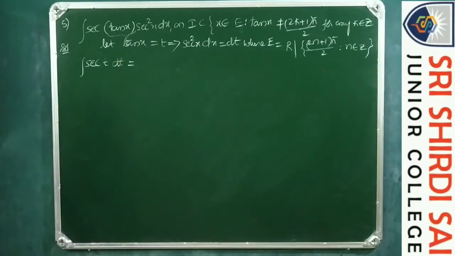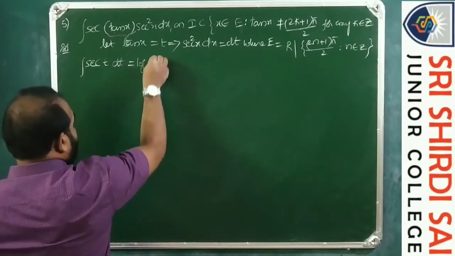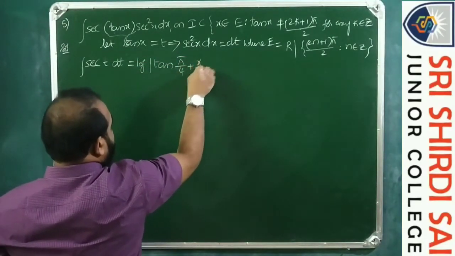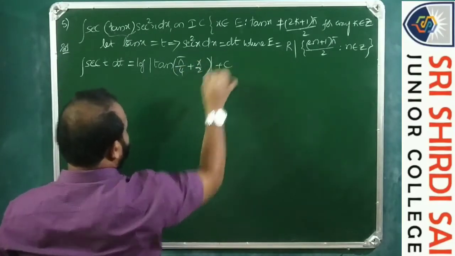Integral secant x dx, we have two formulae: log mod secant x plus tan x plus c, or log mod tan (pi by 4 plus x by 2) plus c.